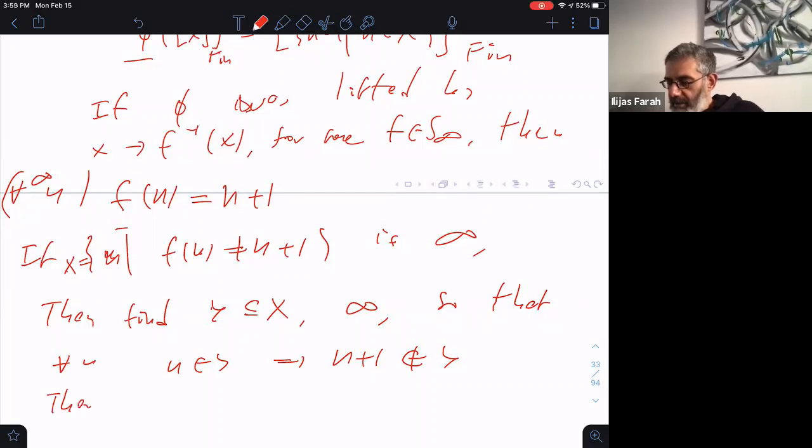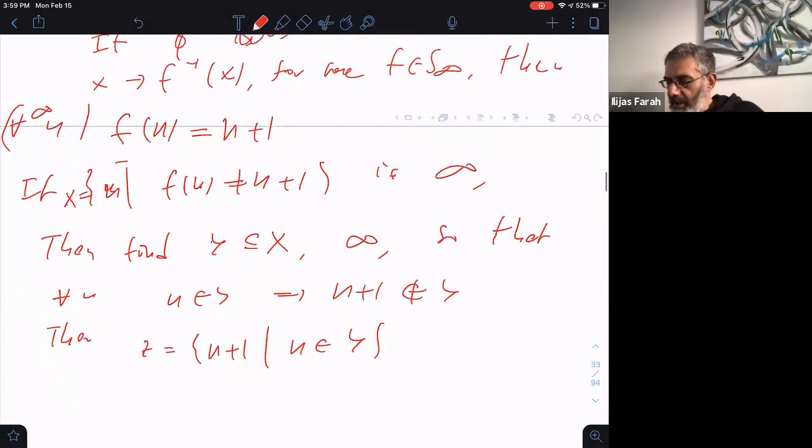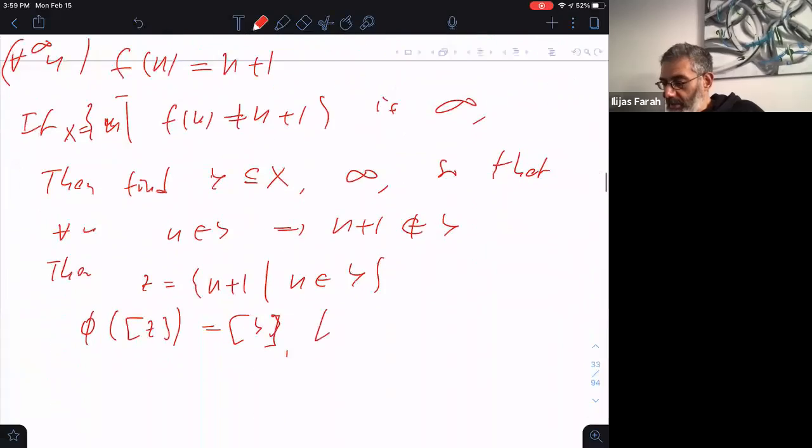So then, if I take z to be n plus 1 for n in y, we have that phi of the equivalence class of z is the equivalence class, well, it is the equivalence class of y, right? Because this is how we define the function.